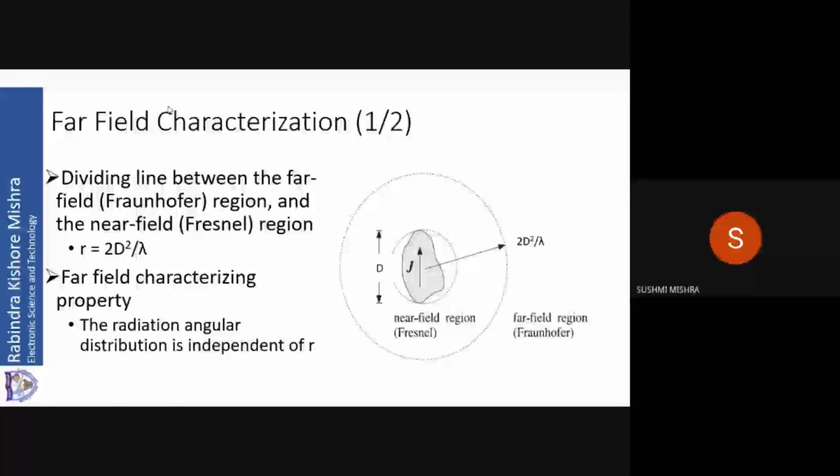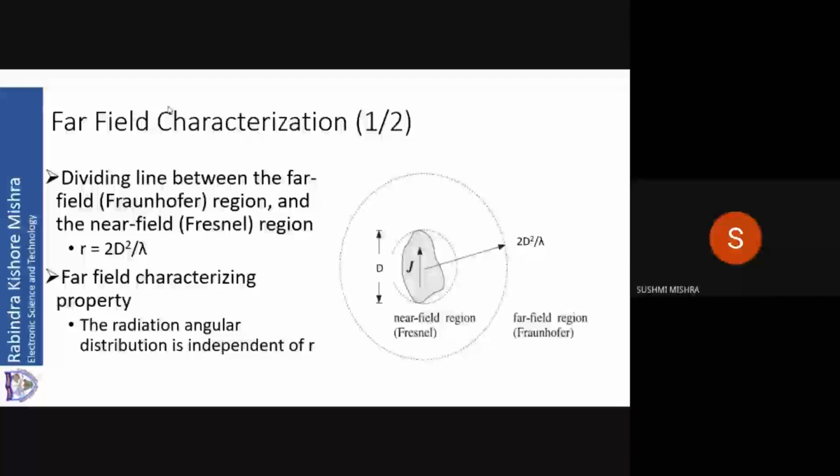It is completely independent of R. So that is what characterizes the far field. Far field is characterized by the angular distribution of the radiation, which is independent of R.